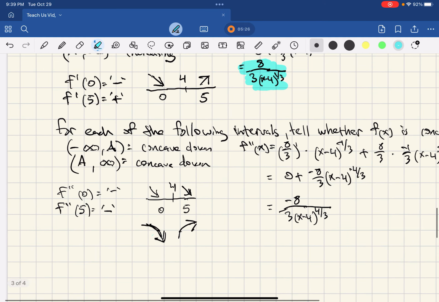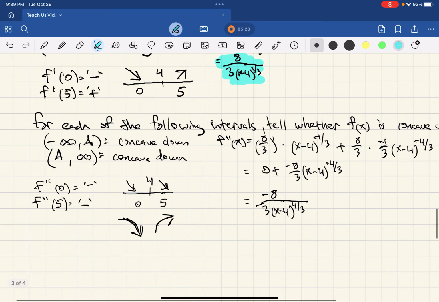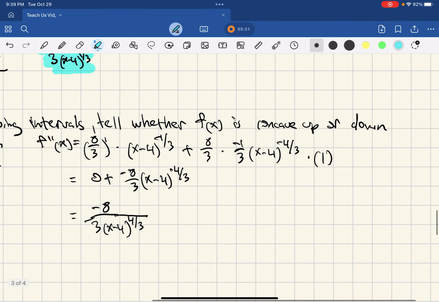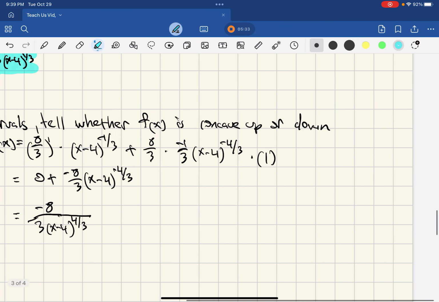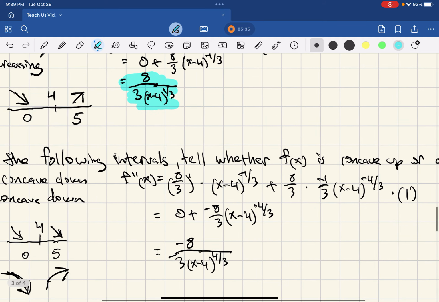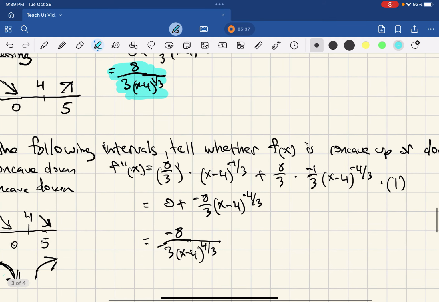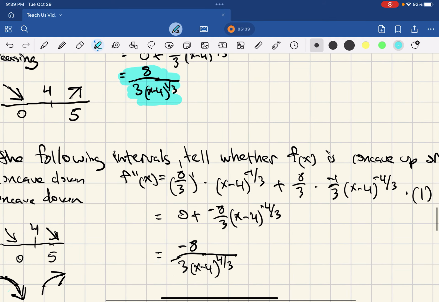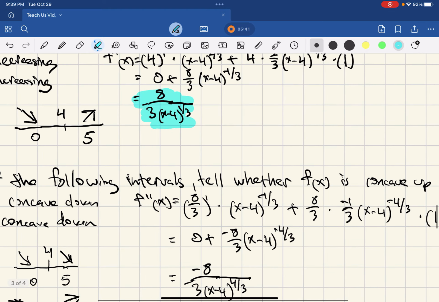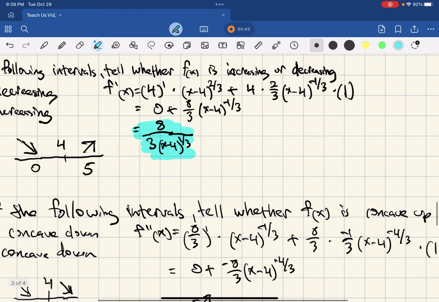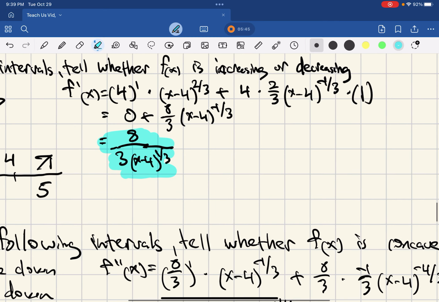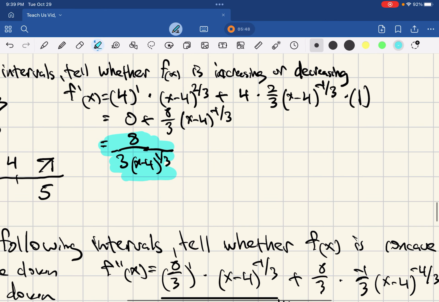So the final part is, for each of the following intervals, tell whether f of x is concave up or down. Taking a few steps back, I did mention that when finding the first derivative, I wanted to keep my answer in a negative exponent.